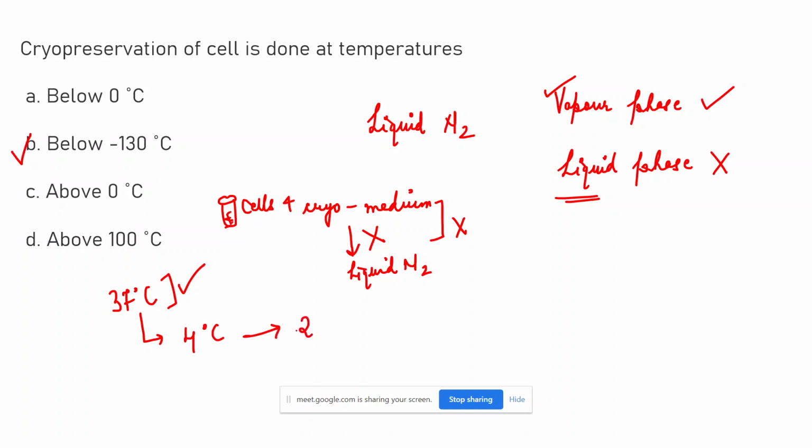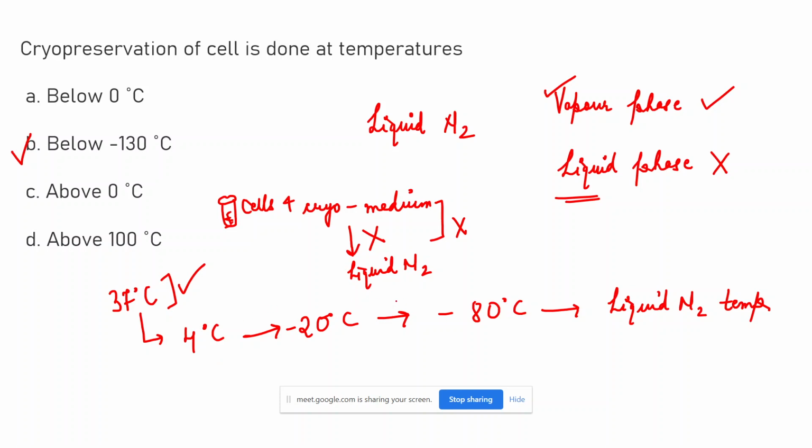Then you keep the cells at minus 20 degrees Celsius for some hours. And then you move on to minus 80 degrees Celsius for overnight or for some 24 hours. And then you go to the liquid nitrogen phase. So, especially for finicky or sensitive cells, this is the way which is preferred.